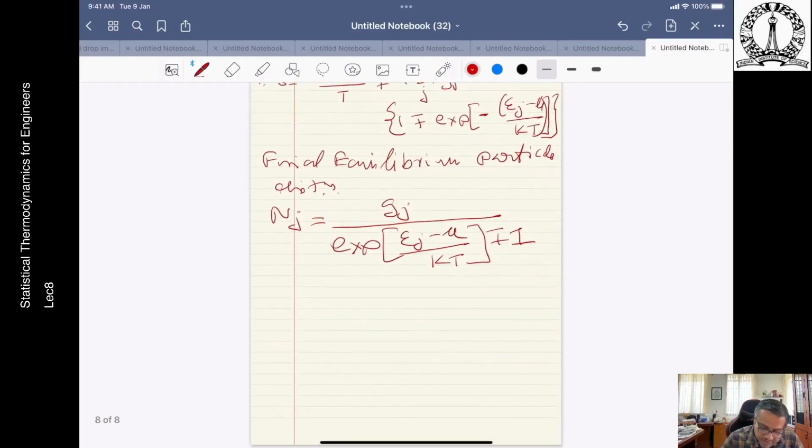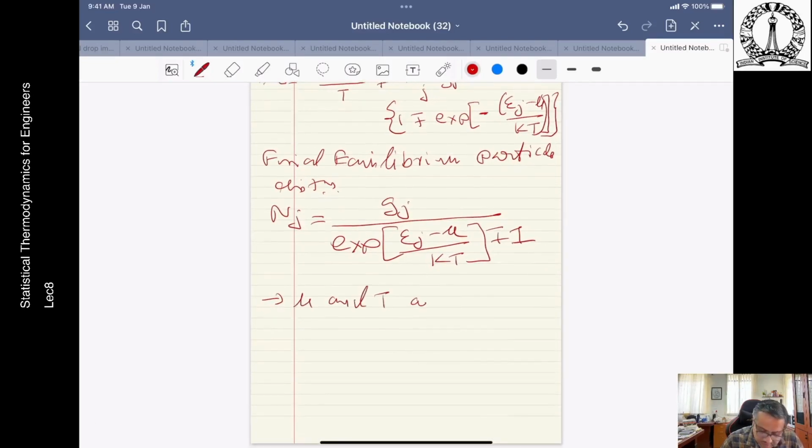Okay, so in this particular case, your mu and t are from the macroscopic world, through the Lagrange multipliers.